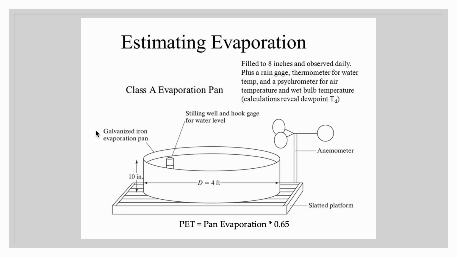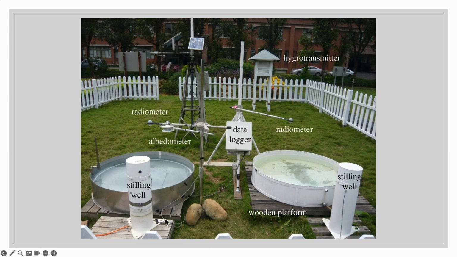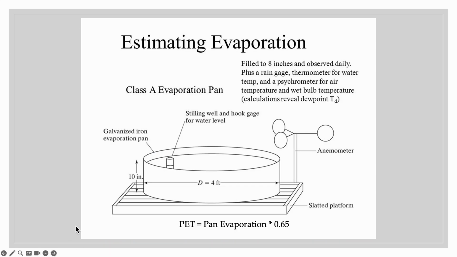All right, so here's a look at our evaporation pan. There are some calculations that we can do to determine how much water is there and how much we lost, and we can use that to determine our potential evaporation by multiplying that times 0.65.